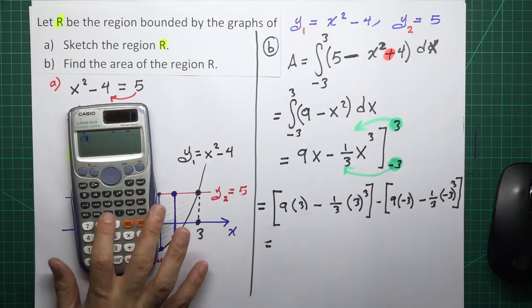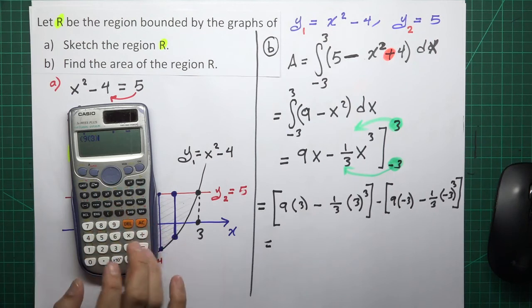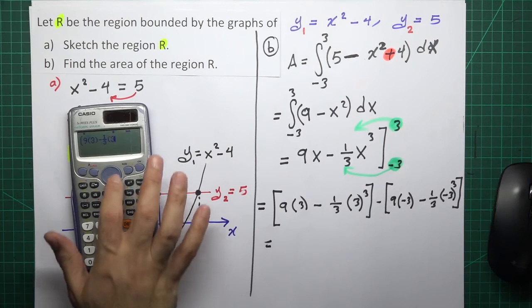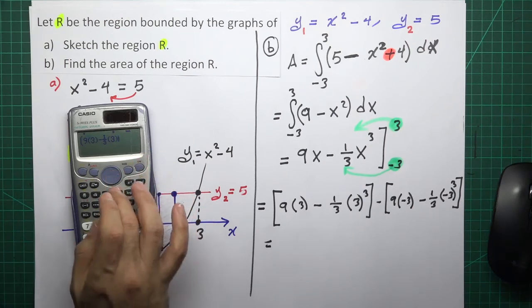It will be 9 times 3 minus 1/3 times 3 cubed. You can find it mentally, why not, if you are capable.